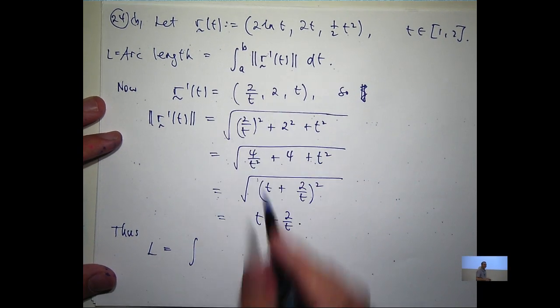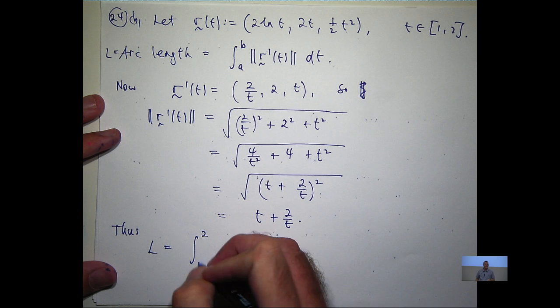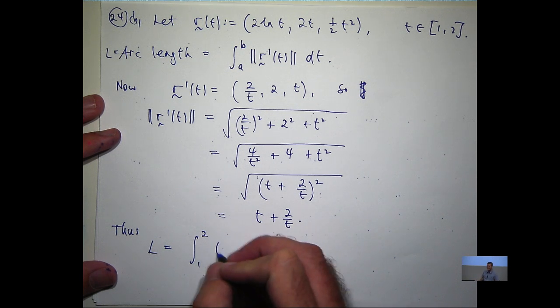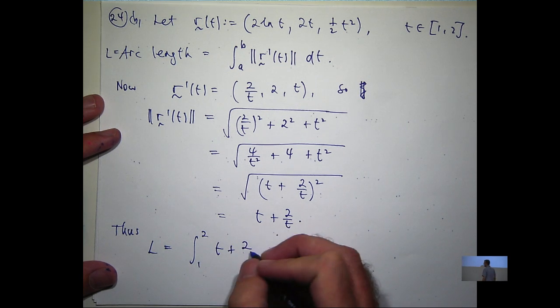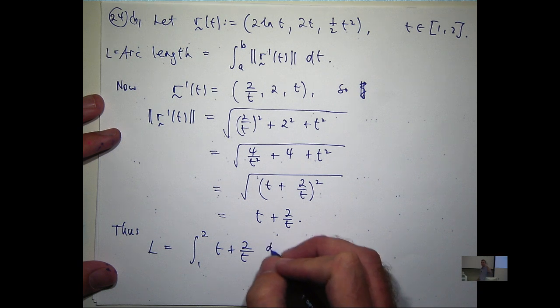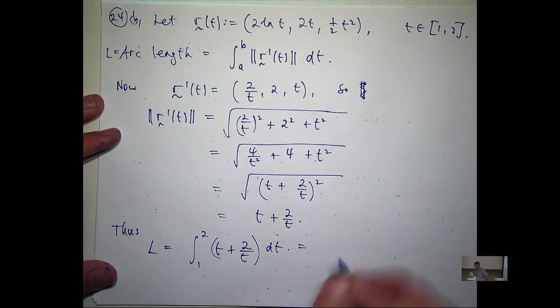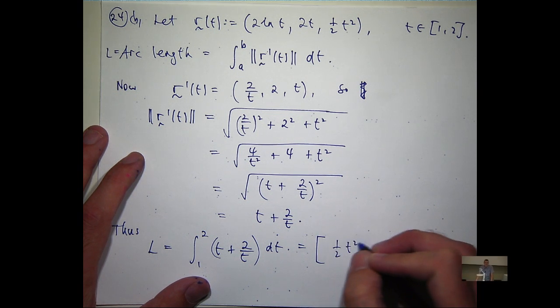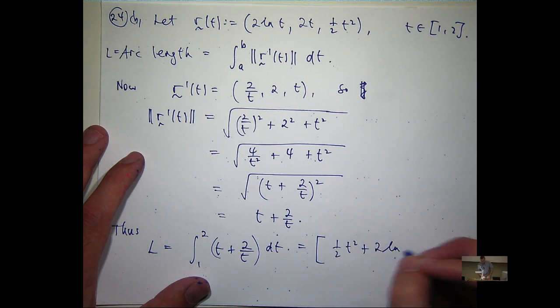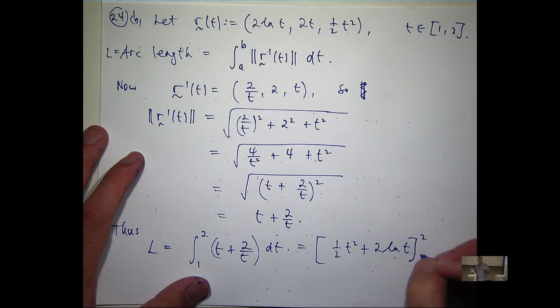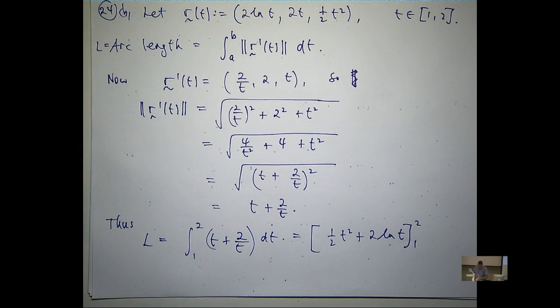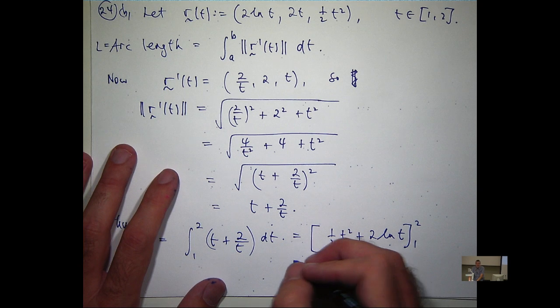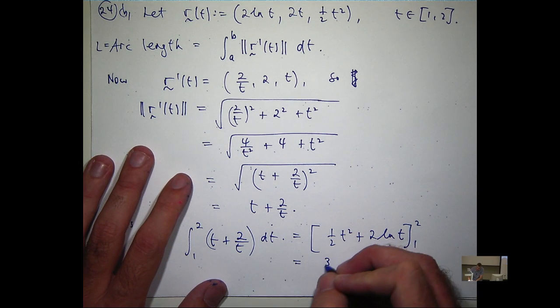So I'm integrating from 1 to 2 of t on, t plus 2 on t dt. So we can integrate that hopefully, and I'm going to get something like this. All I need to do is sub in 2 and 1, and I'll get something like this.